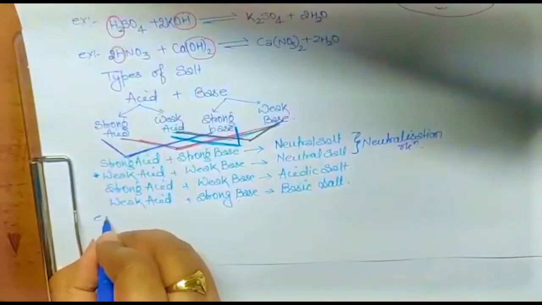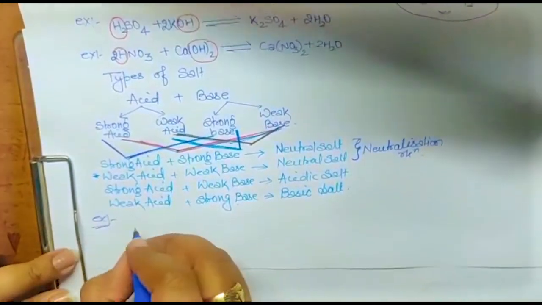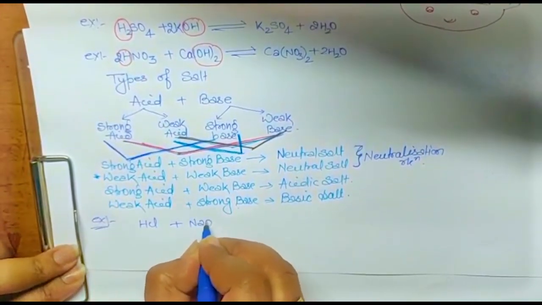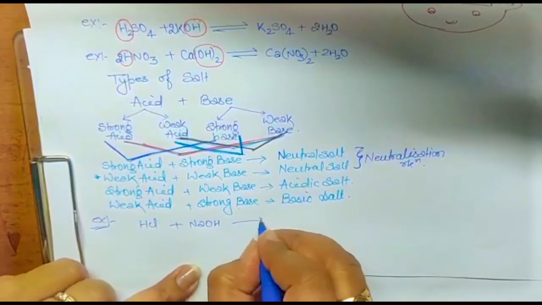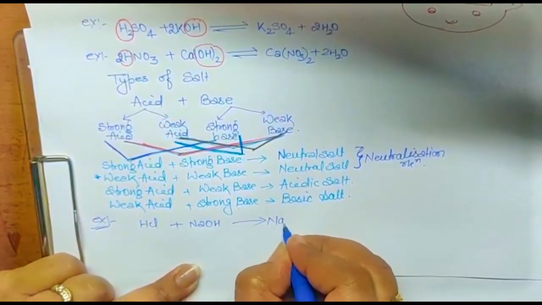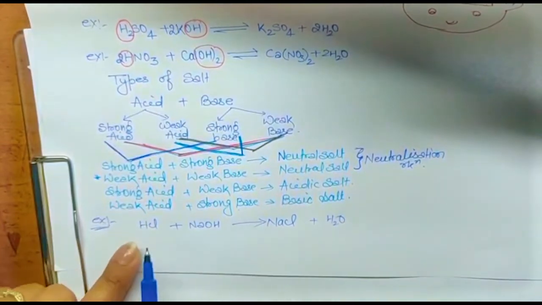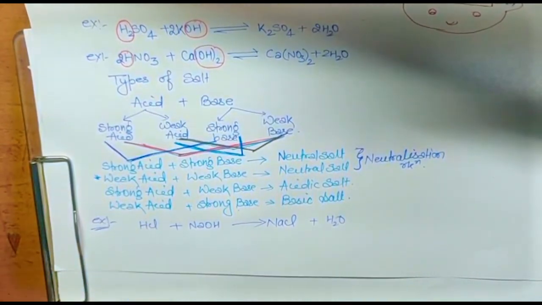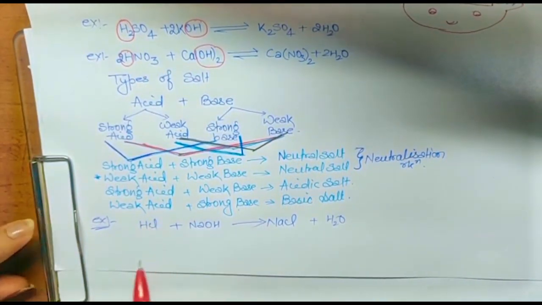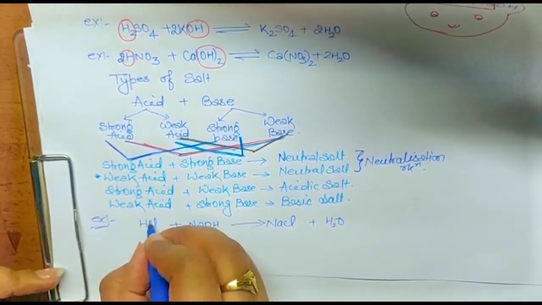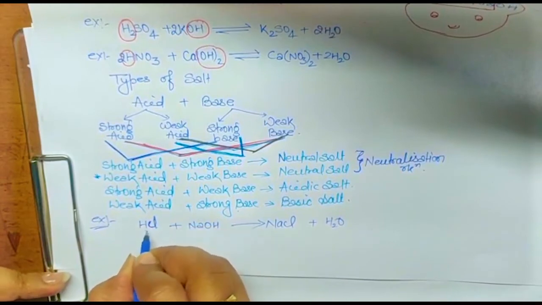Suppose in this example I am saying HCl and NaOH, so what will it form? Quite clear, it will form NaCl. Identify the type of salt. So identify, what is this? There is no carbon. Is there carbon? The C is carbon? No, this is chlorine. It is not C carbon.